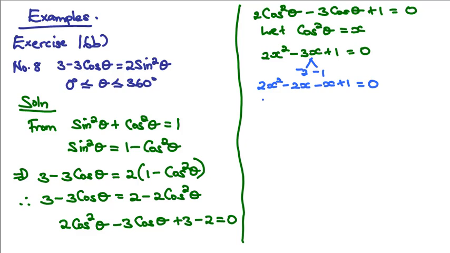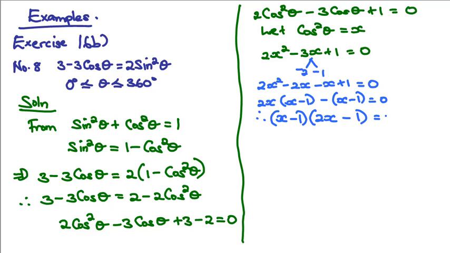So we find two numbers, when you add them you get negative 3, multiply them, get 2, that is negative 2 and negative 1. When we solve that quadratic equation, we come up with x minus 1 into brackets 2x minus 1 is equal to 0.